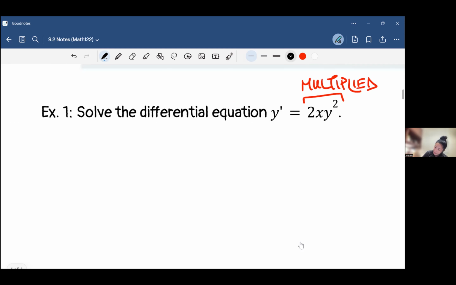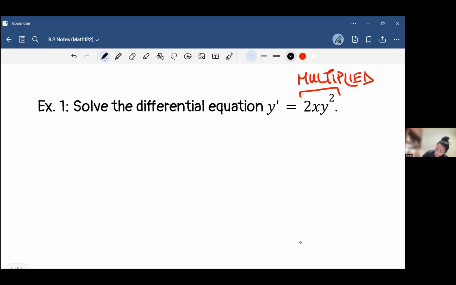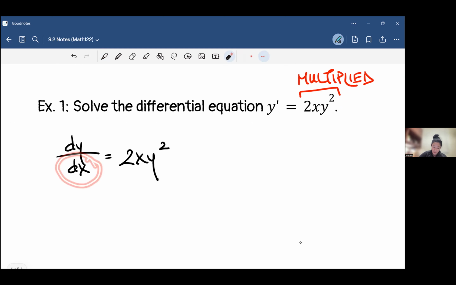So let's set this up. I prefer to write my y prime as dy dx, and then I'm going to have my 2x times y squared. And what I'm going to do is take this dx and multiply it to the right-hand side, okay? And at the same time, I'm going to take this y squared and divide it to the left-hand side.